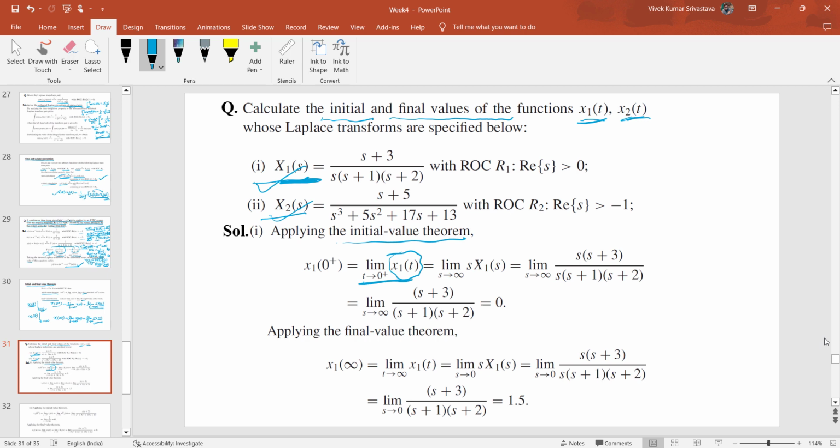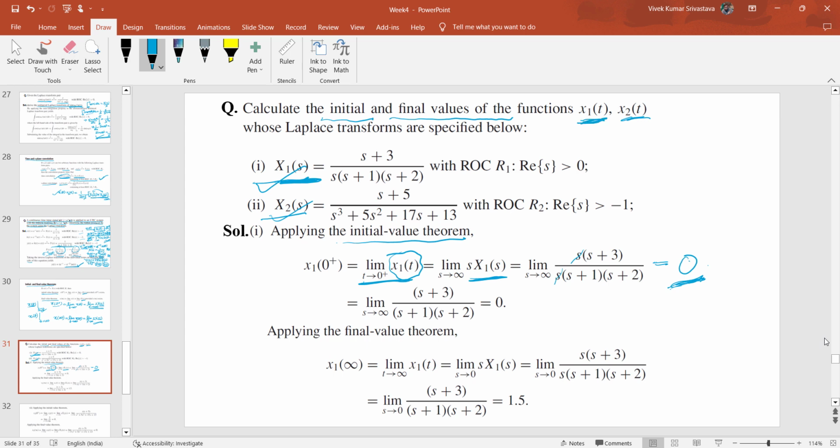So for saving time, I will use the expression in the Laplace domain. This will be equal to limit s tends to infinity of s into X1(s). Once you multiply s into X1(s), the s from numerator and denominator will cancel each other, and once you put s equal to infinity, this will be equal to 0. So this represents the initial value corresponding to the signal x1(t).